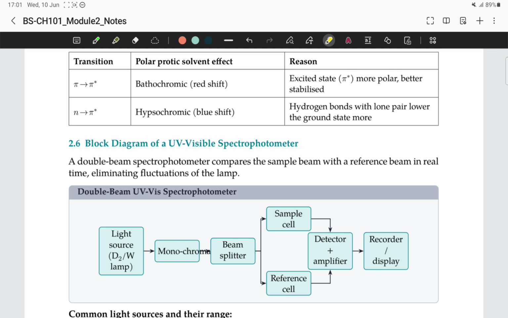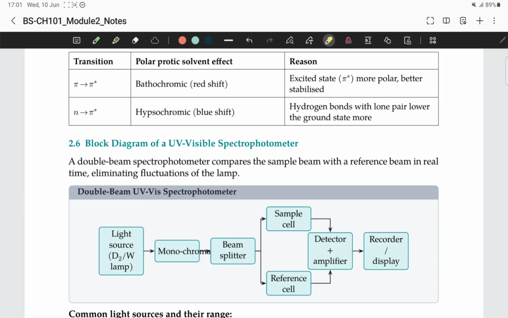Then the detector subtracts the reference background in real time, eliminating any kind of error. Finally, the signal goes to the detector and amplifier, and then it is recorded or displayed. So this was the whole thing.